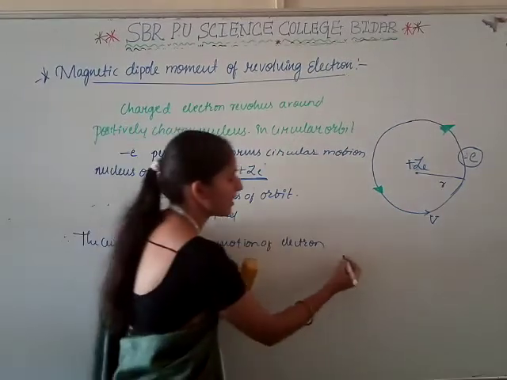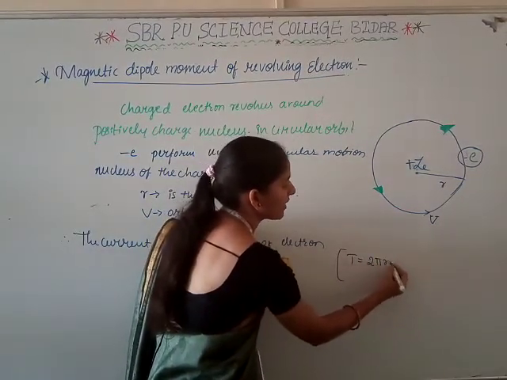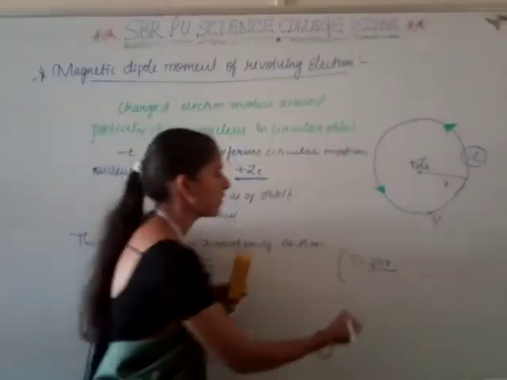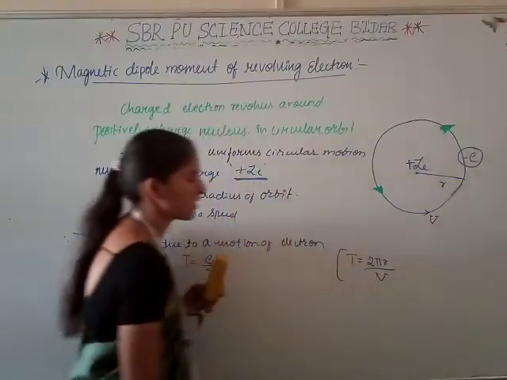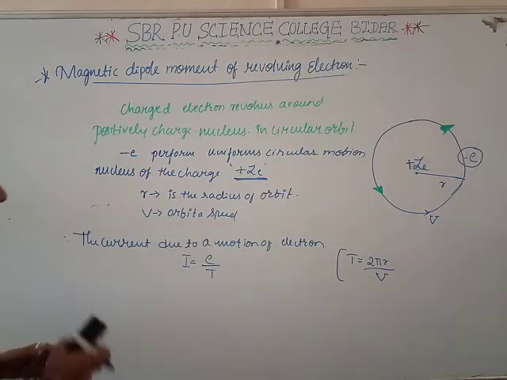We know the time period T is equal to 2 pi r, the circumference of a circle, divided by the orbital speed v. T is equal to 2 pi r divided by v.